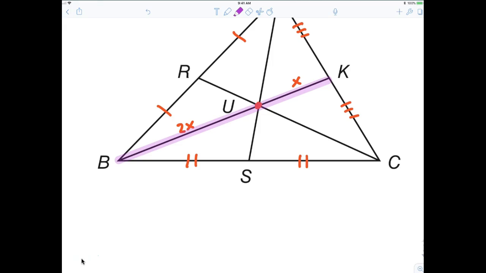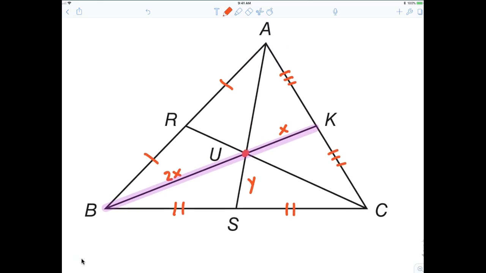I did not say that they're all equal. They're not all equal unless it's an equilateral triangle. So, for example, if US is Y, then AU would be 2Y. Is everybody with me? And then I could say this is Z, and that would be 2Z.